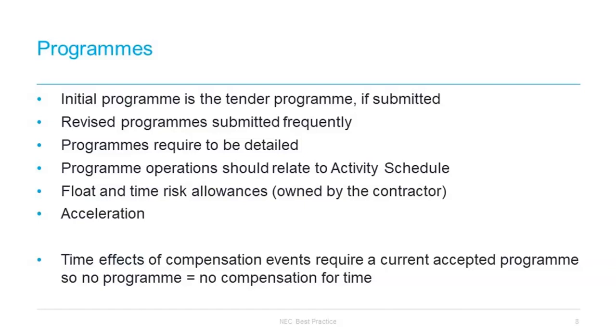On the other hand, if a contractor has no programme, then it's very likely there'll be no compensation for time, or if you have got an out-of-date programme, you will have an out-of-date compensation event for time as well.